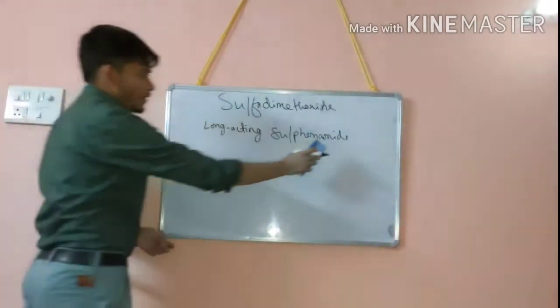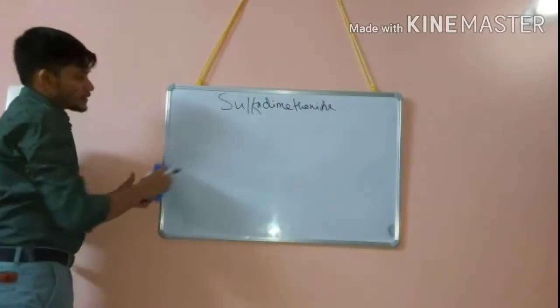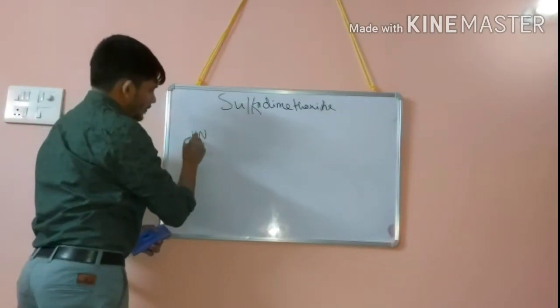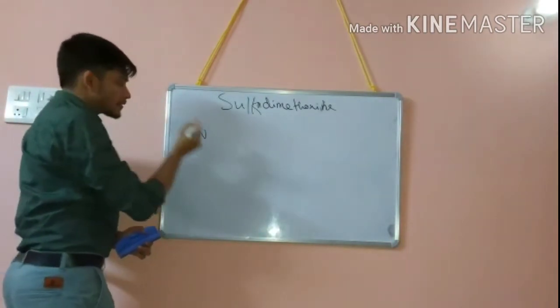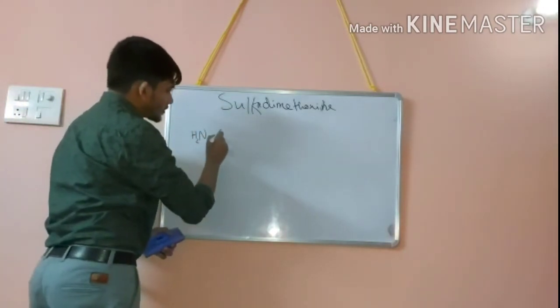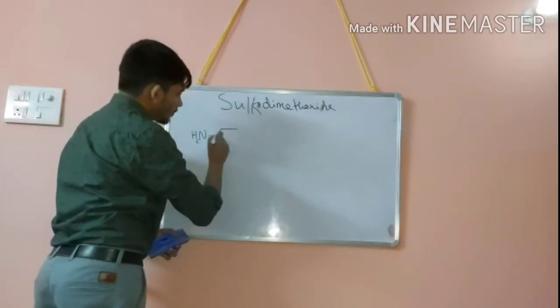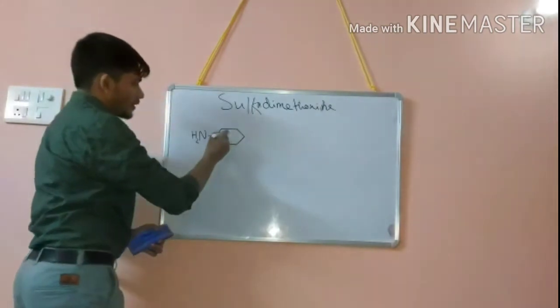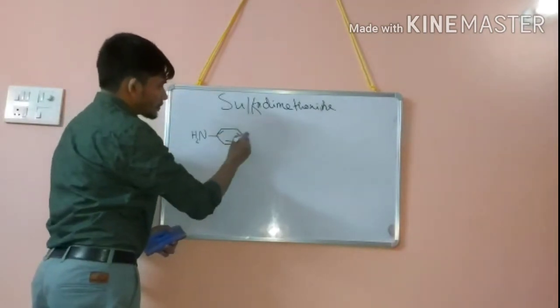So let's draw the structure first. So this is the structure. As we all know, the basic structure of sulfonamides generally comprises sulfanilamide along with other derivatives.